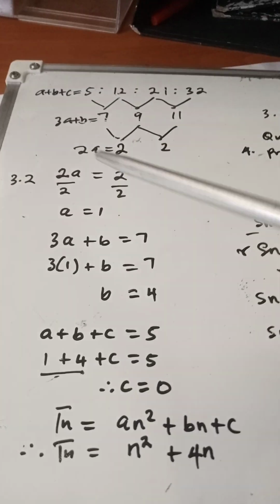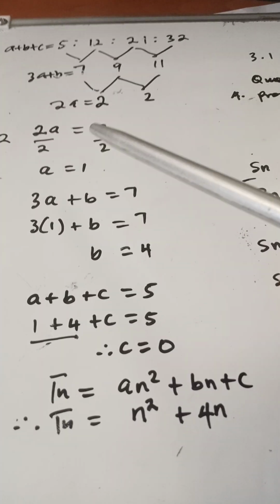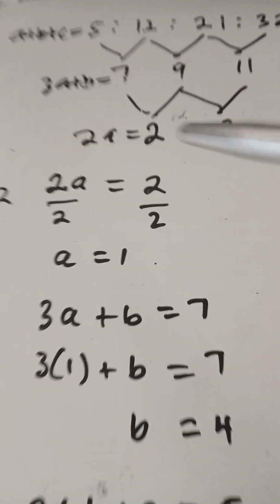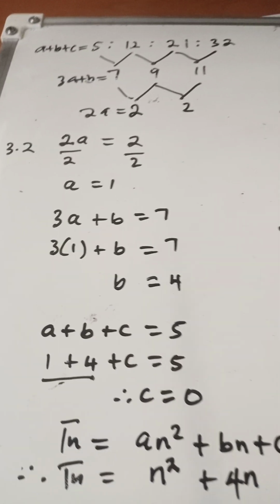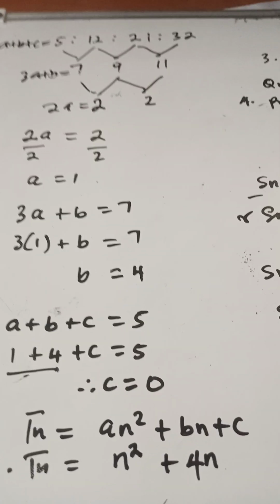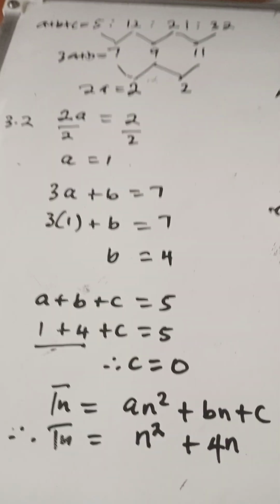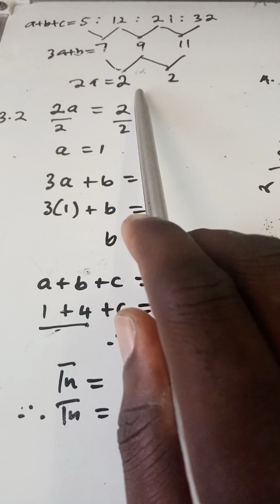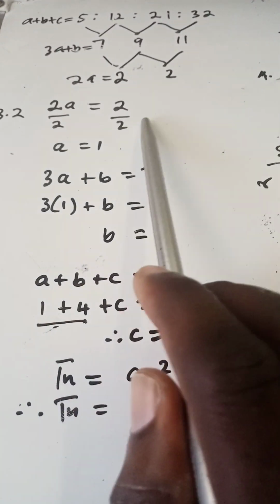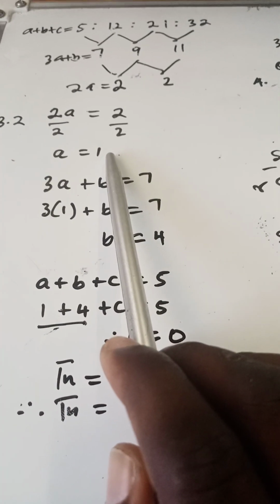Now we go to 3.2, and the question says determine the formula for the nth term of this sequence. So we want Tn, good people. Like I taught you in the previous lesson, to find Tn you need a, b, and c. So we say 2a equals 2, then you divide both sides by 2, then you get a equals 1.